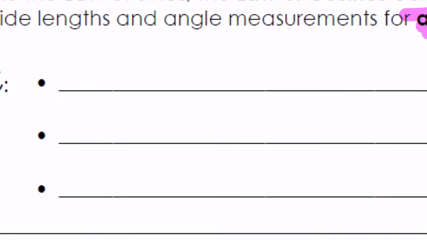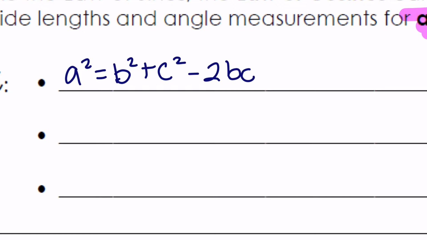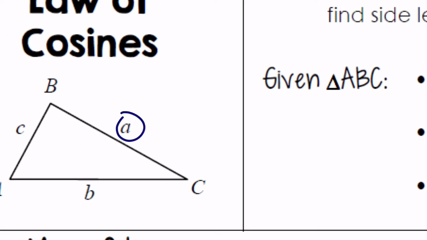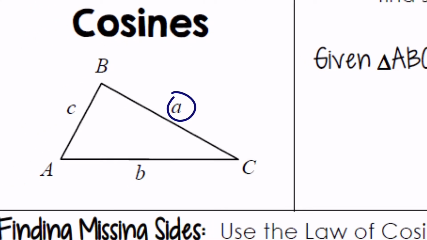The first one is a squared equals b squared plus c squared minus 2bc times the cosine of angle A. So if I'm trying to find this side right here, and I have sides B and C, and its opposite angle, I can do that.